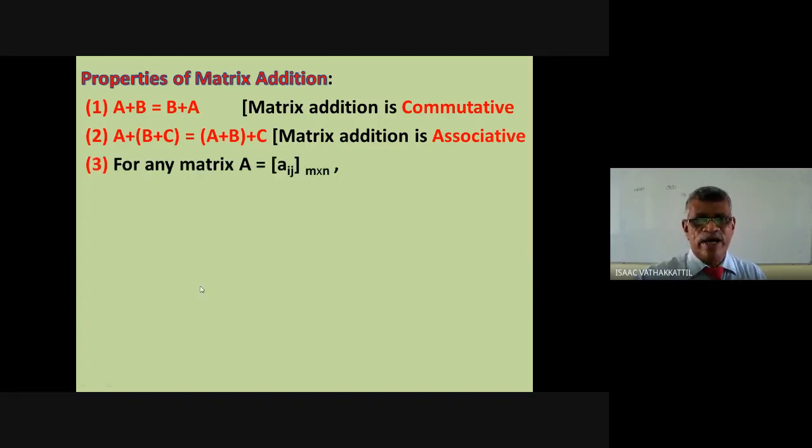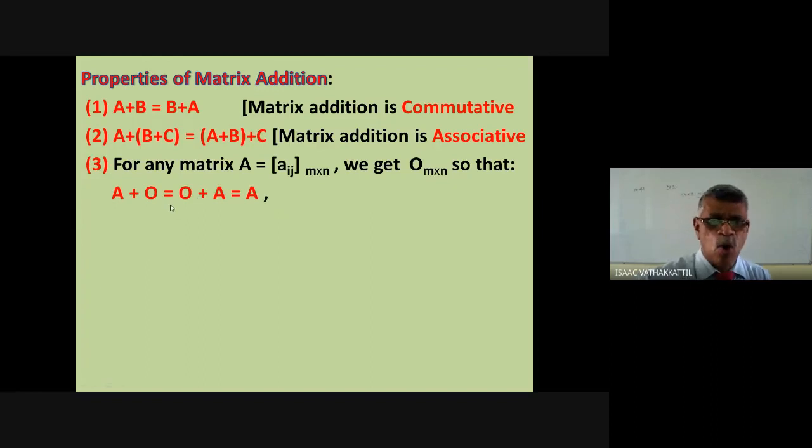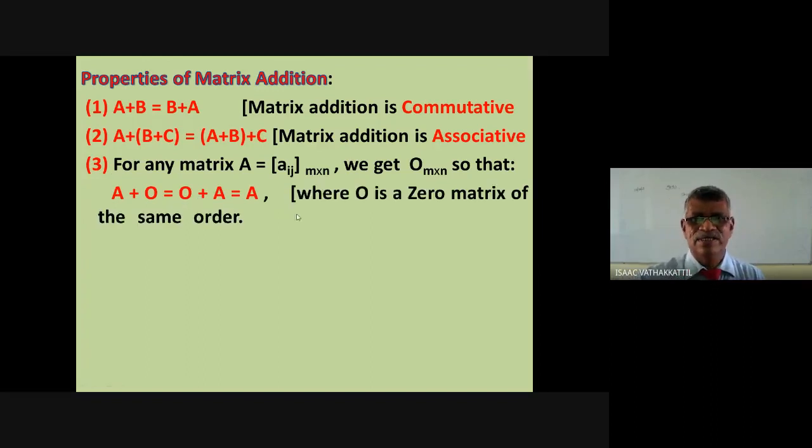Further, for A of order m by n, we get a zero matrix of the same order, so that A plus O equals O plus A equals A. Actually, it is the property of additive identity. Here the matrix O is the zero matrix, or identity of addition, of the same order.